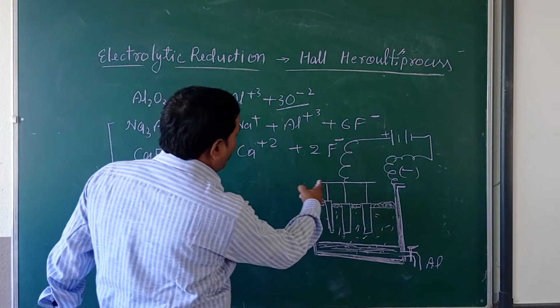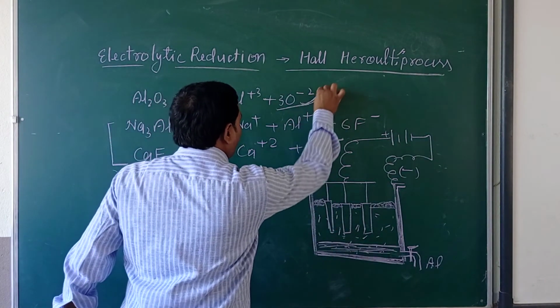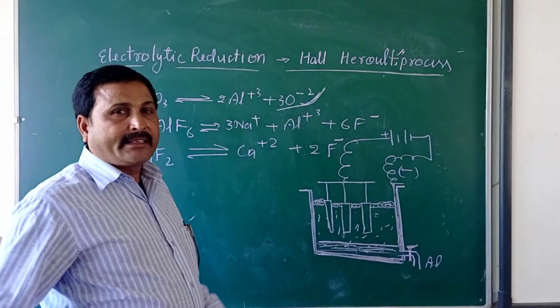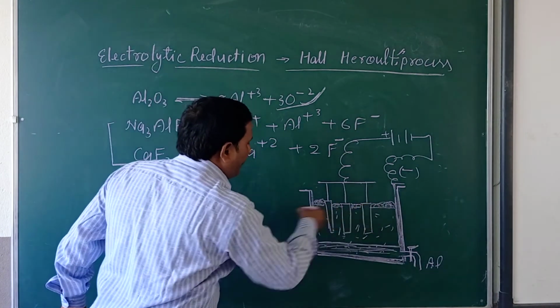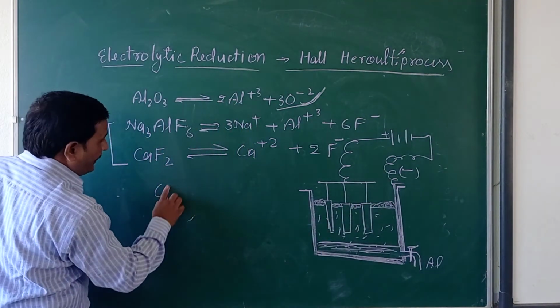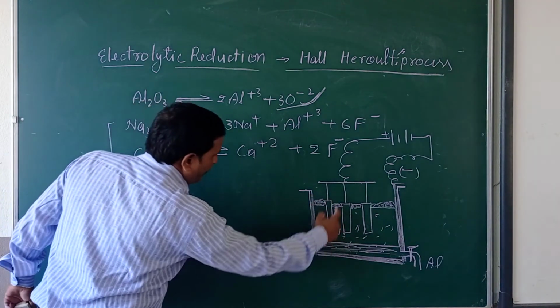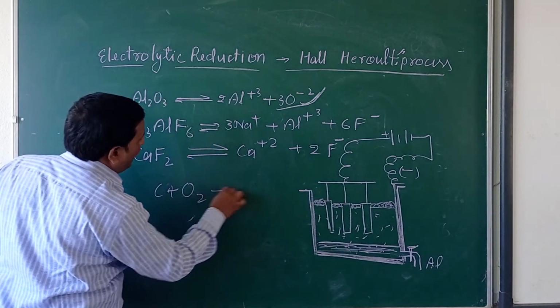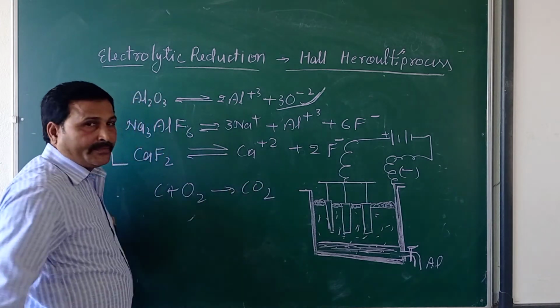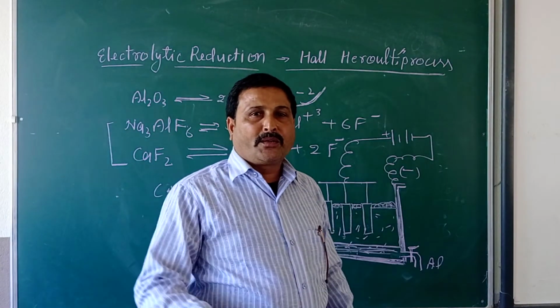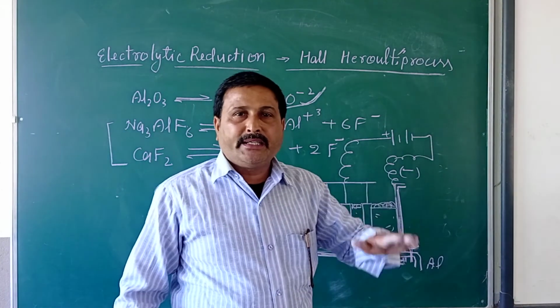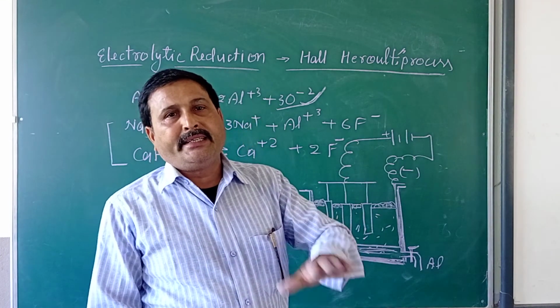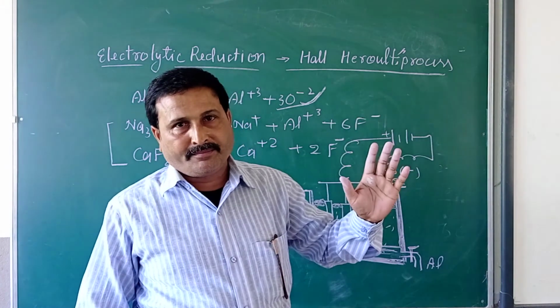And at the anode, oxygen migrates. This oxygen oxidizes the anode, the carbon rod, and forms carbon dioxide. If we use coke, it protects our anode and reduces heat energy loss by radiation.